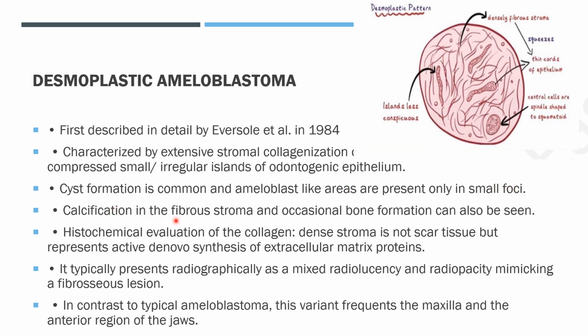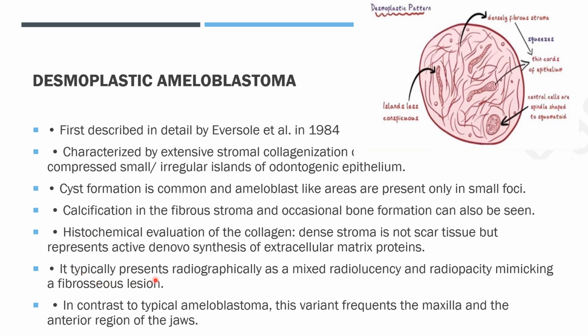Calcification in the fibrous stroma and occasional bone formation can also be seen here. Histochemical evaluation of the collagen shows that the dense stroma is not scar tissue but represents active de novo synthesis of extracellular matrix protein.